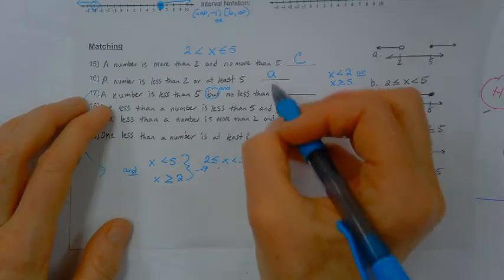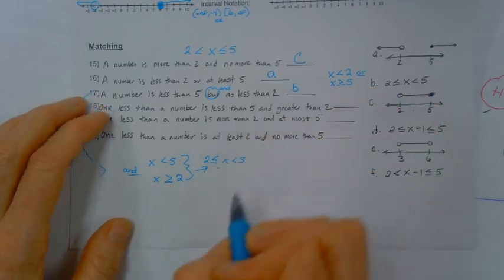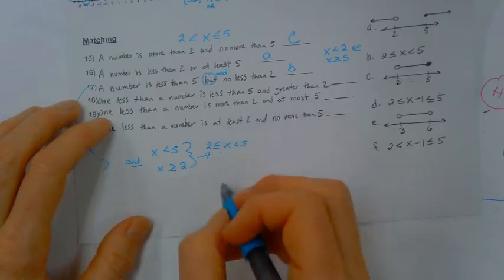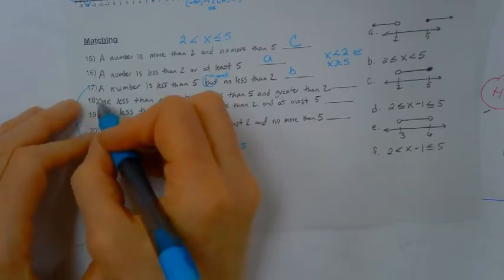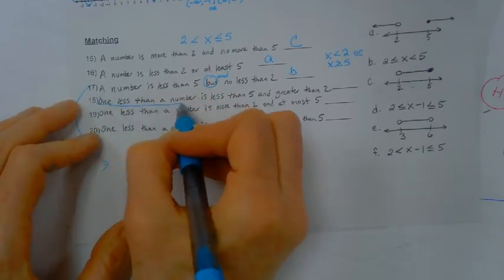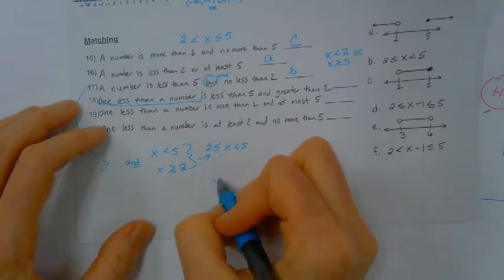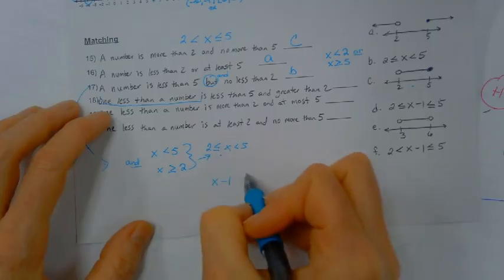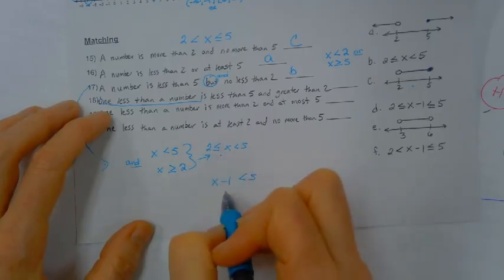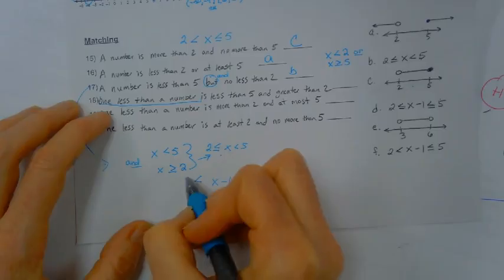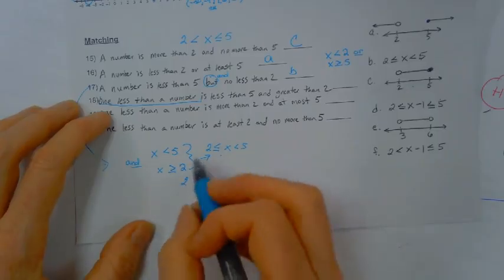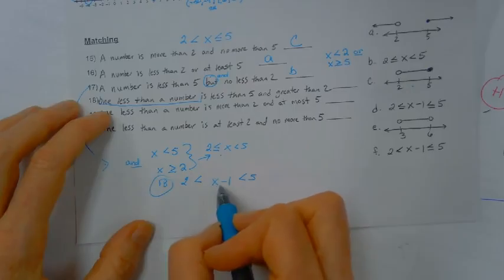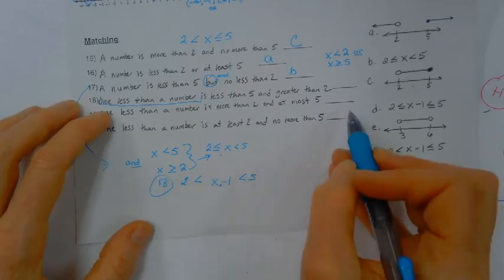Okay, 1 less than a number is less than 5 and greater than 2. Okay, so 1 less than a number, the way we write that is x minus 1. We want 1 less than a number that's less than 5 and greater than 2. This is number 18 right here that I'm doing. So this one matches, let me see, this one, is less than 5 and greater than 2.